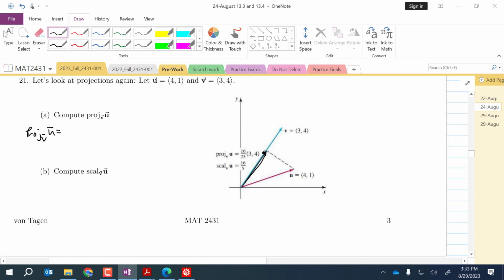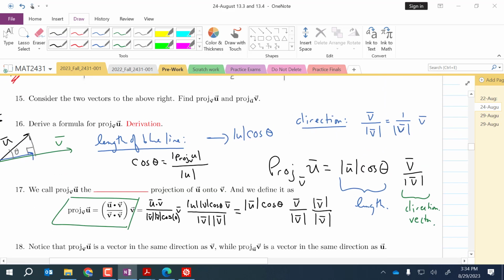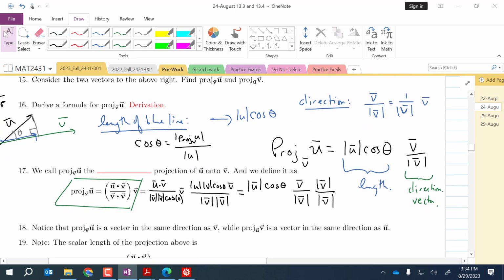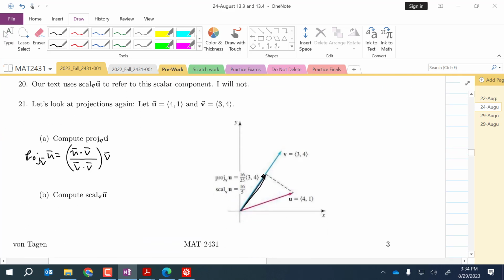We're going to use this nifty formula that says we're going to take u dot v divided by v dot v and scalar multiply it to our vector v. Where did that formula come from? It kind of doesn't matter. Because we built the intuitive formula, which is worth knowing, but then we did some tricky rearranging to come up with this other version of the formula.